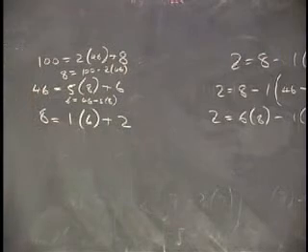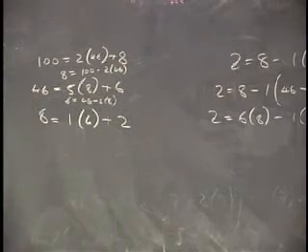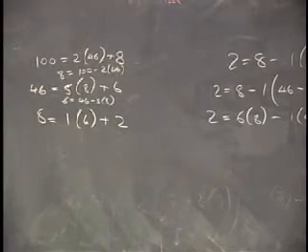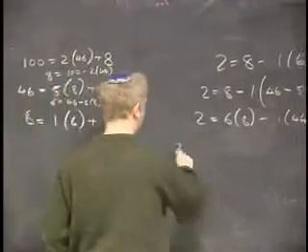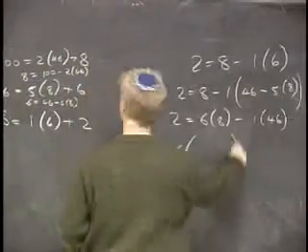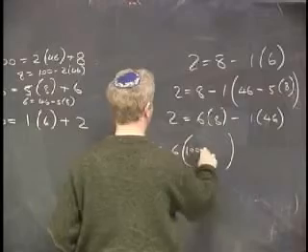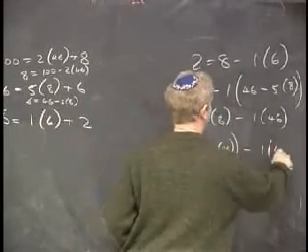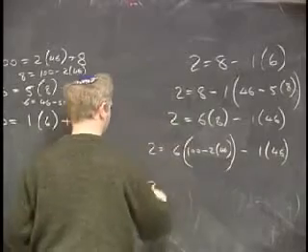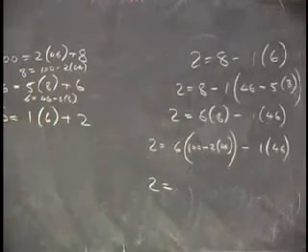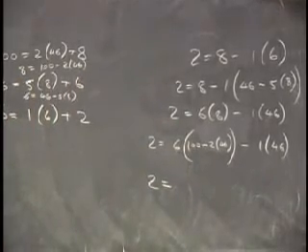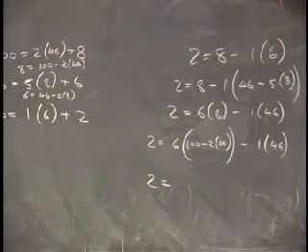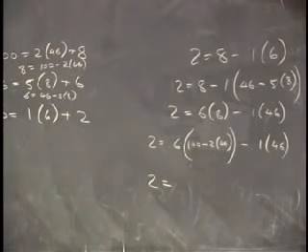Well, there it is. That line tells us the relationship between 8s and 46s and 100s. So 8 is 100 minus 2 times 46. 2 equals 6 times 100 minus twice 46, minus 1 times 46. So 2 equals, now you can combine everything together. Do we do it all right? Did I make any mistakes? I hope not.